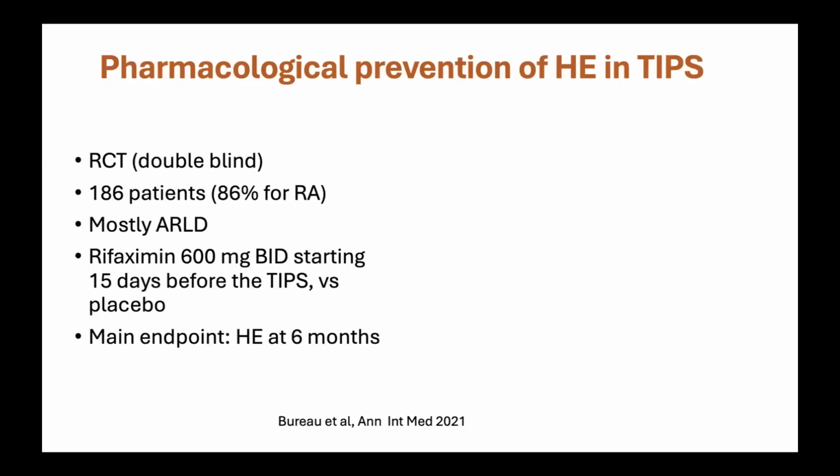What about pharmacological prevention of hepatic encephalopathy in patients undergoing TIPS? We didn't have good data. We had a small pilot trial with rifaximin that was not positive, but we had this much larger multicenter trial, again led by Christophe Bureau, assessing in a double-blind fashion, in 186 patients, most of whom had TIPS for refractory ascites, whether rifaximin could decrease the risk of hepatic encephalopathy, starting 14 days before TIPS.